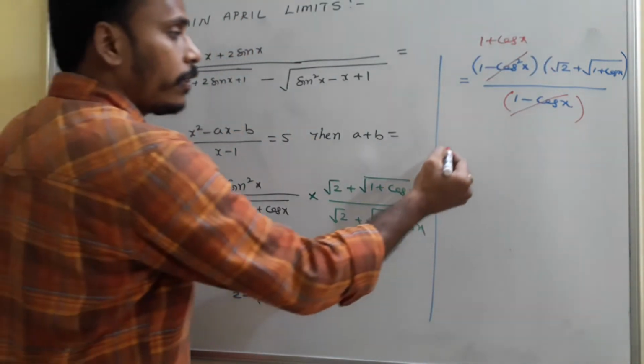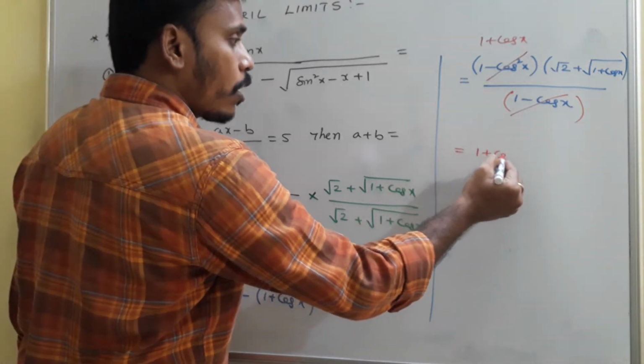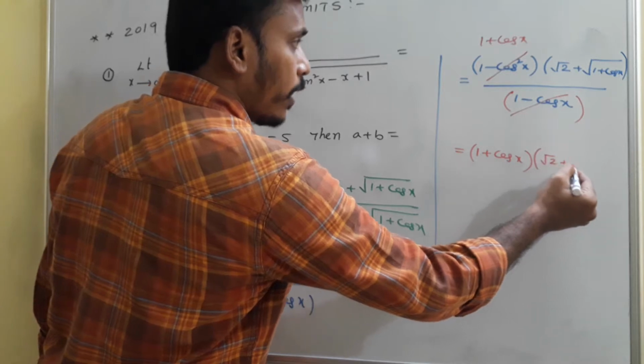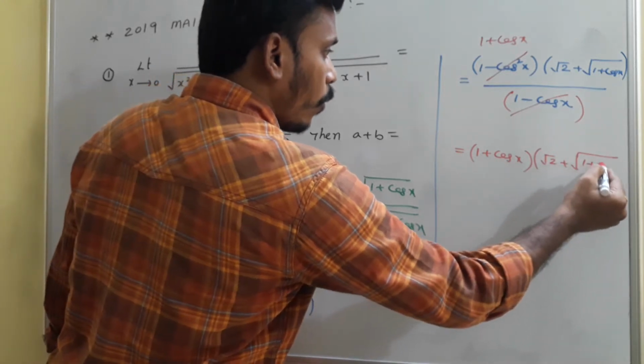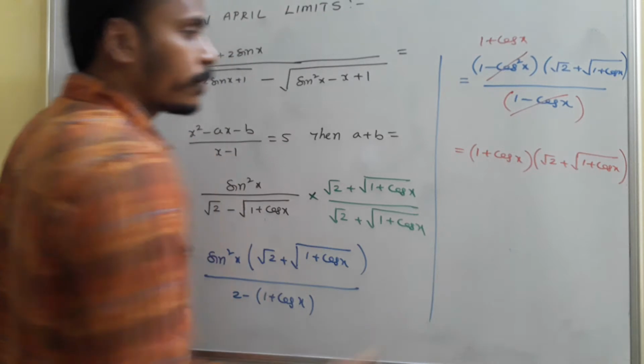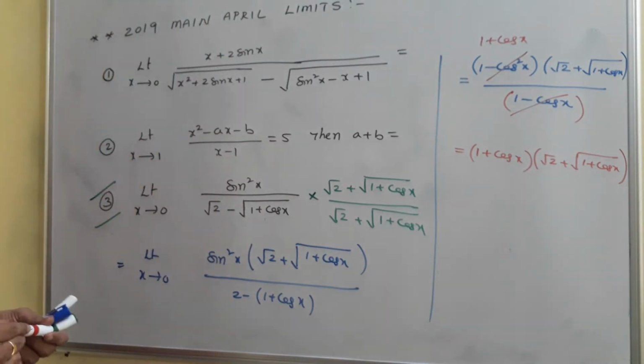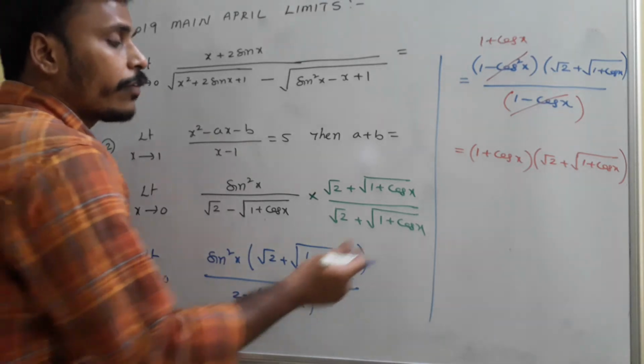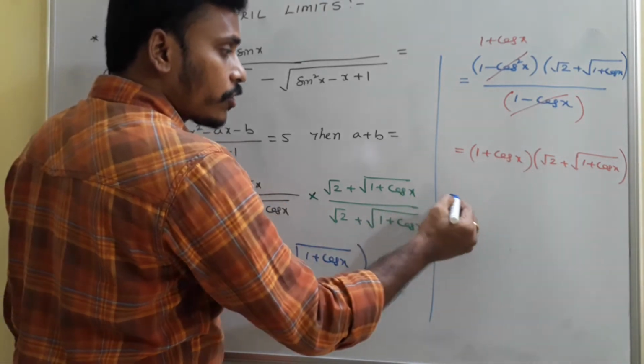So this is simply equal to (1 plus cos x) into (root 2 plus root of 1 plus cos x), as x is tending to 0. As x is tending to 0, we need to replace x with 0. If you replace x with 0 here, cos 0 is 1.